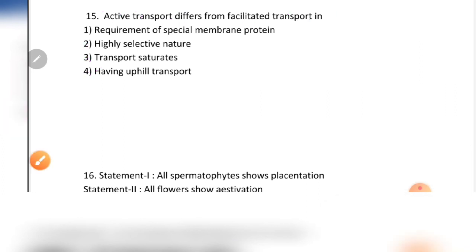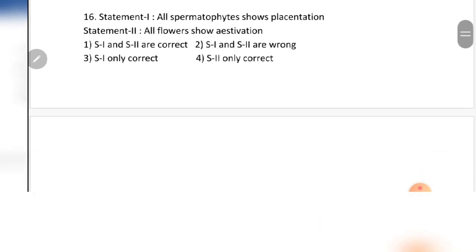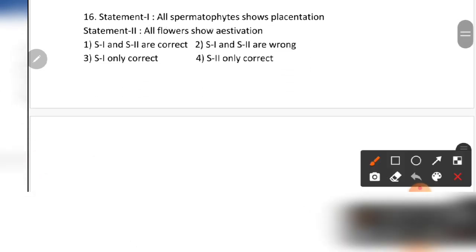Next question. All spermatophytes have placentation. Spermatophytes are seed-bearing plants, meaning gymnosperms and angiosperms.